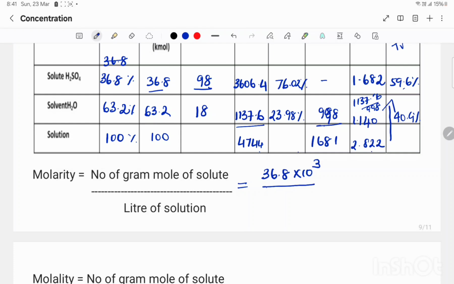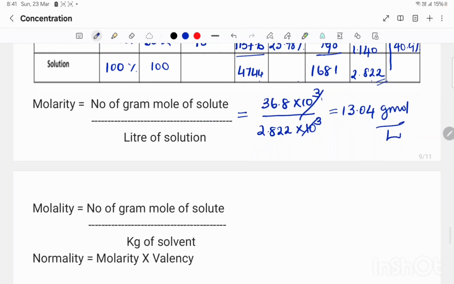The volume of the solution is 2.822 meter cube, but we need liters. So 1 meter cube is equal to 1000 liters, so 2.822 into 10 raised to the power 3 gives liters. The 10 raised to the power 3 gets cancelled, so you will get 13.04 gram mole per liter, the molarity of the H2SO4 solution.